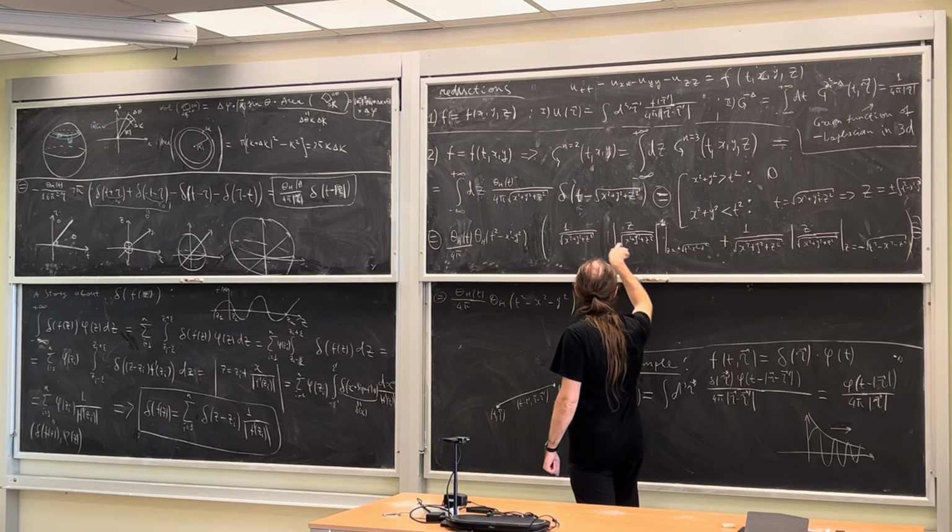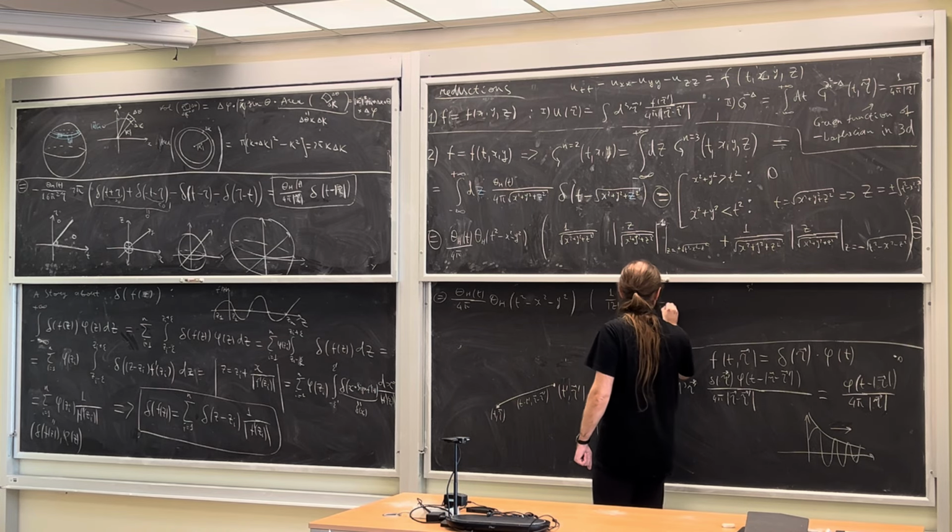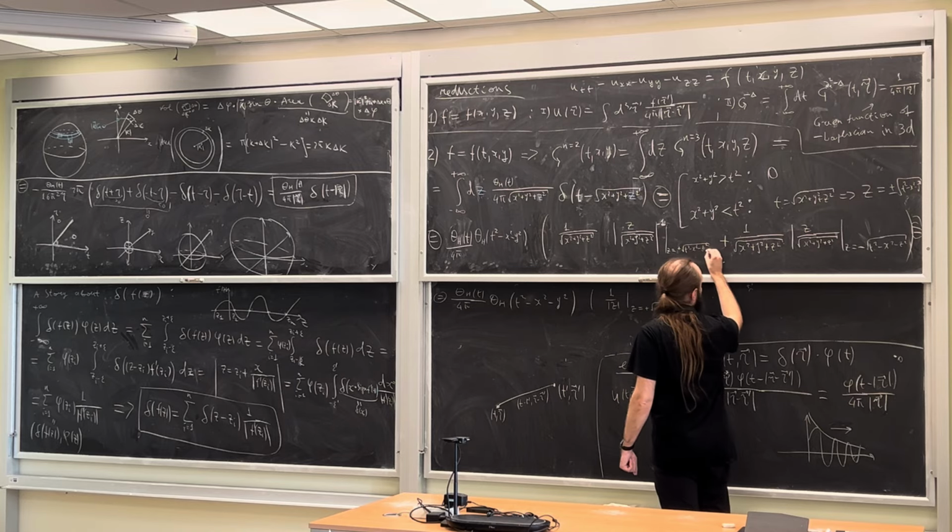The square root cancels, and we have 1 over the absolute value of z, with z equal to plus square root of t squared minus x squared minus y squared.